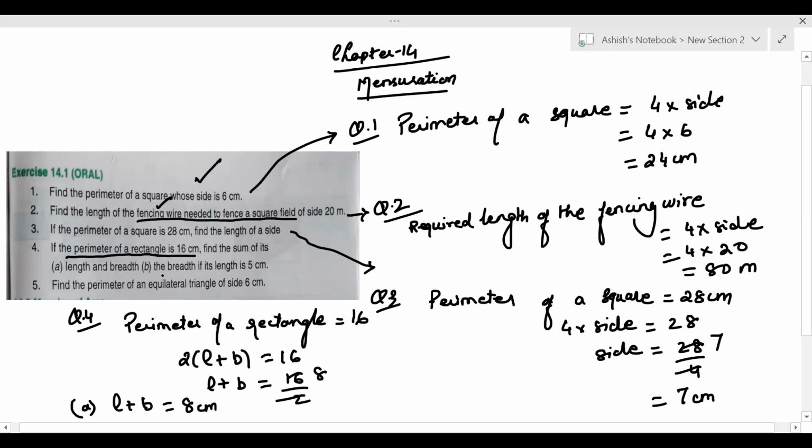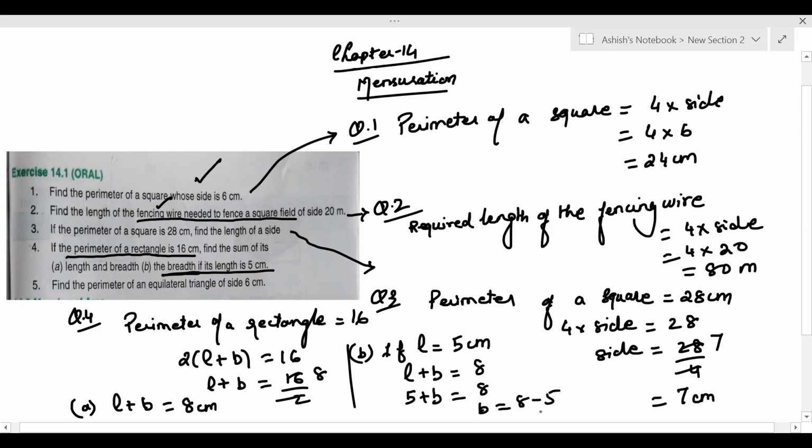Now the question is asking us to find the breadth if its length is given. If length is 5 centimeter, then L plus B is 8. So 5 plus breadth will be 8. In that case, our breadth will be 8 minus 5, and that is 3 centimeter.